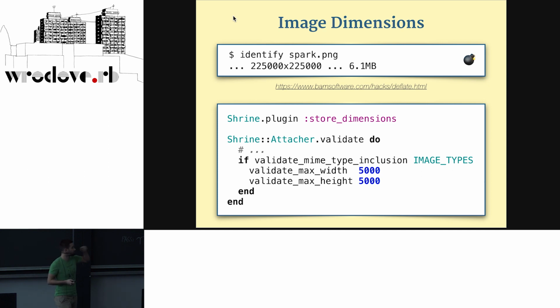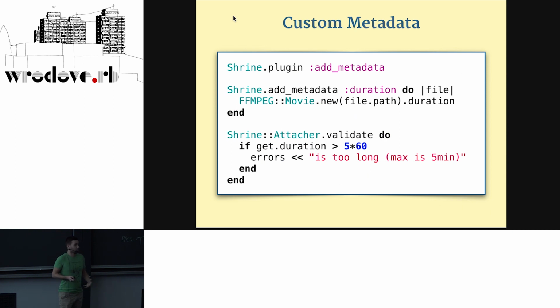And here we can see that the validate block is not a DSL, because we can use regular conditionals. In this case, it makes sense to validate dimensions only if the type of the file is an image. Otherwise, there's probably no dimensions to extract. With Shrine, it's also possible to extract and validate any custom metadata without the need for any external Shrine extension that needs to hook up to its internals.